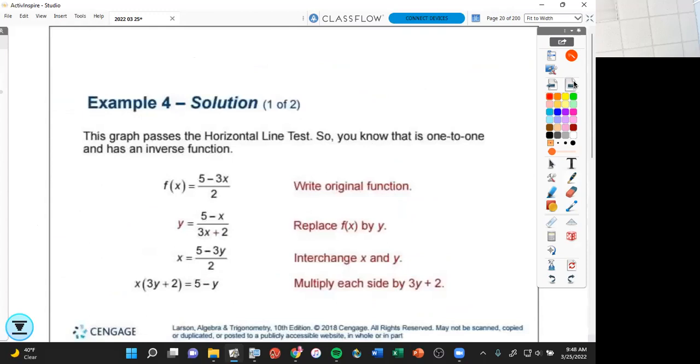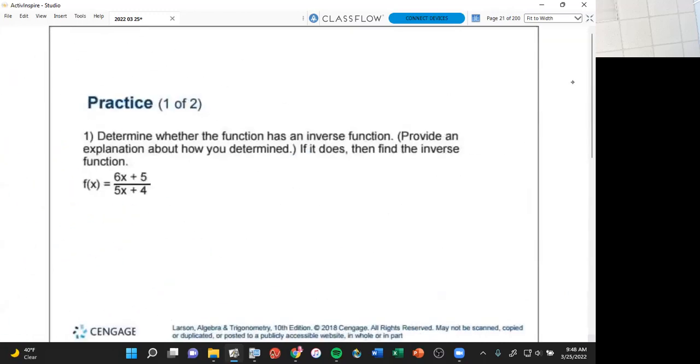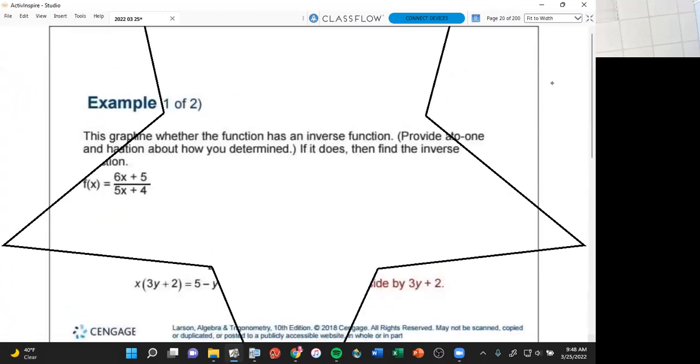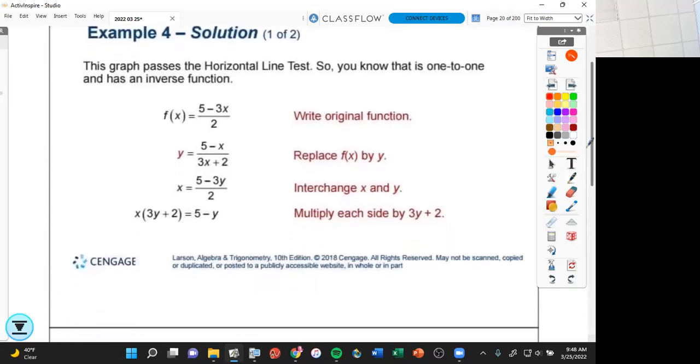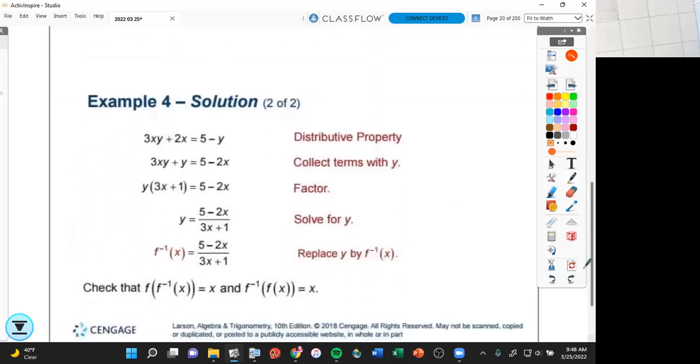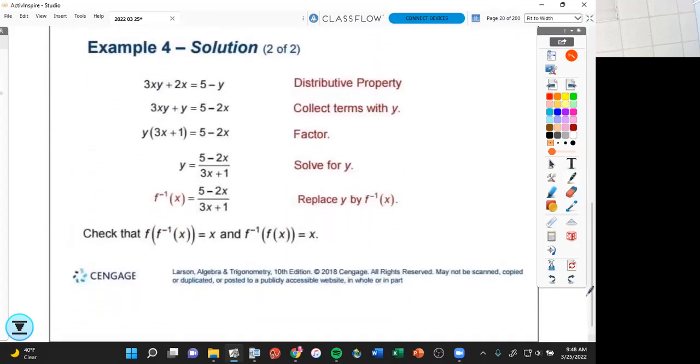They swapped x and y. They multiplied by, they did different math. Oops, let me go back. This is a different problem, isn't it?